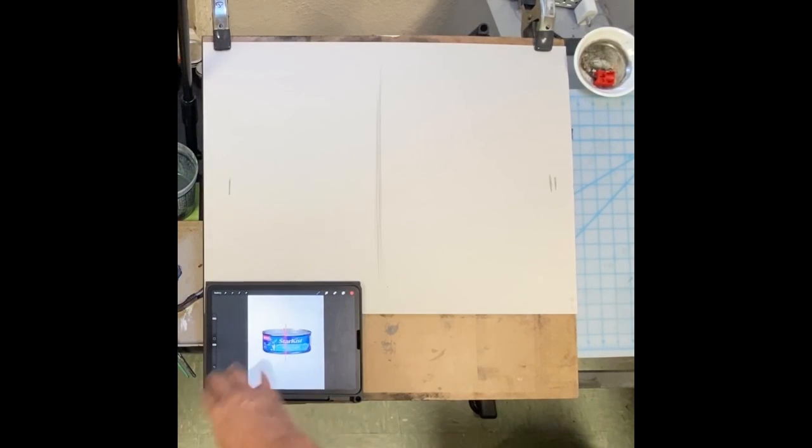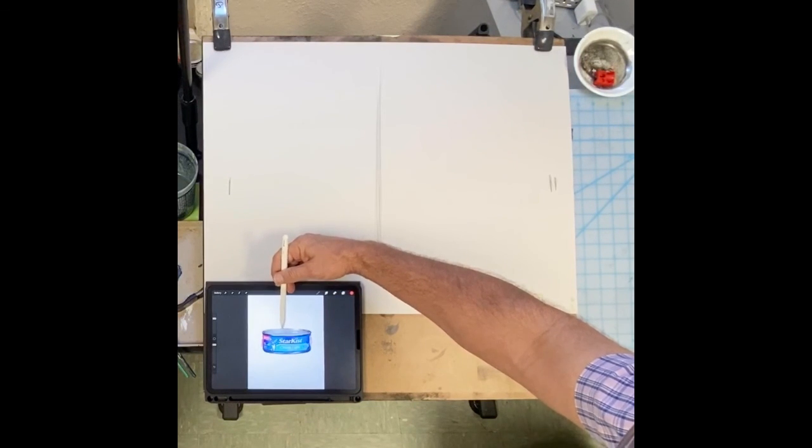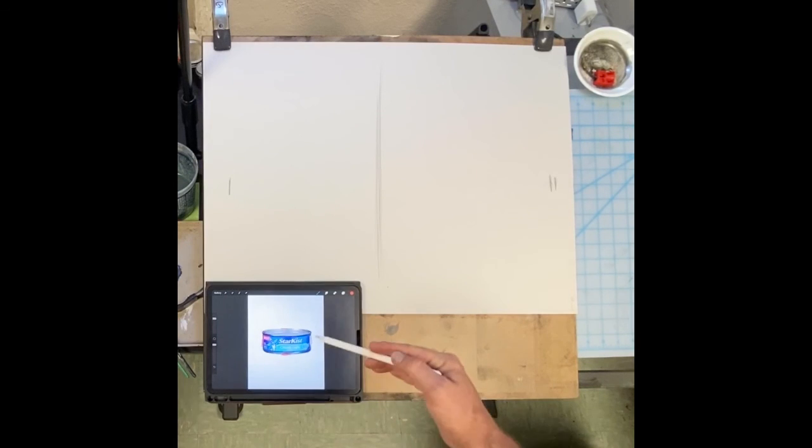So the thing that we want to determine now is what is the width of the object compared to the height of the object, okay?